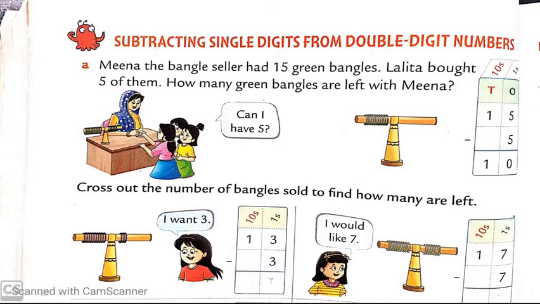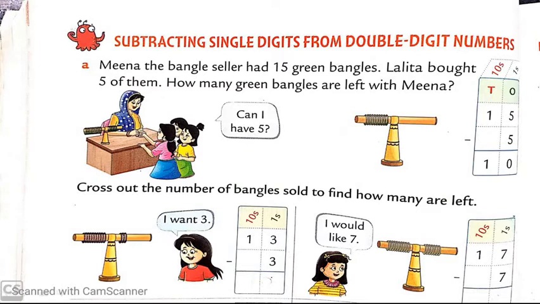Okay. Now the next sum is 13 minus 3. 1, 3, 13 minus 3. 1 is present in the place of tens, 3 is present in the place of ones. As I told you before, when you subtract a single digit from a double digit number, keep in mind that you have to write that single digit number on the ones place.